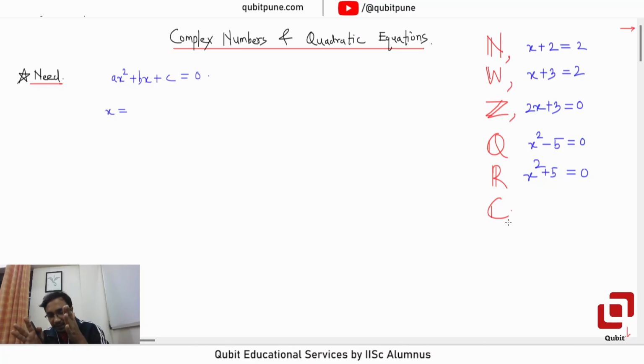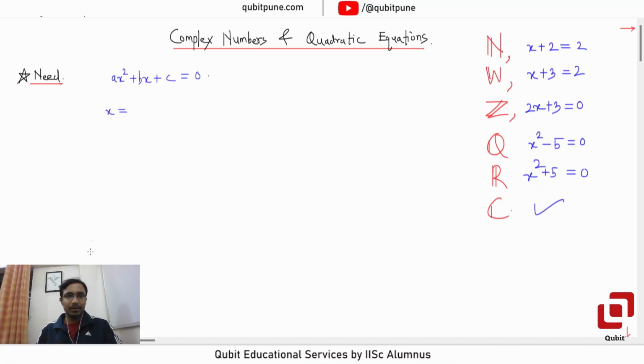Whether we are able to find those roots or not is not the issue. The issue is about existence. They do exist. So we can say that the set of complex numbers is the most complete set, which contains the roots of all existing polynomial equations.